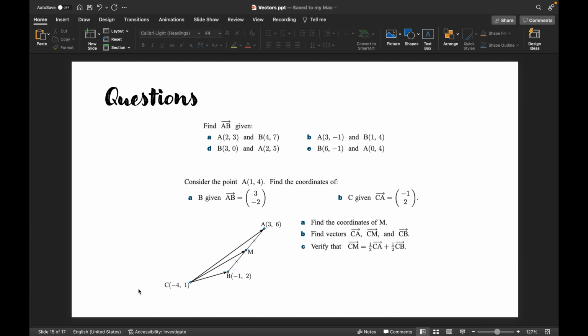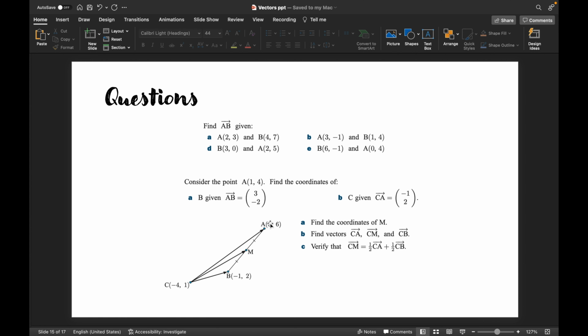We have this diagram here with points such as B, C, M, and A. So A, B, C, and M. We have to find the coordinates of M. Alright, when you use two dashed lines, that means this length is the same as this length. And therefore, this is the bisector of this line. So point M is the midpoint of AB.